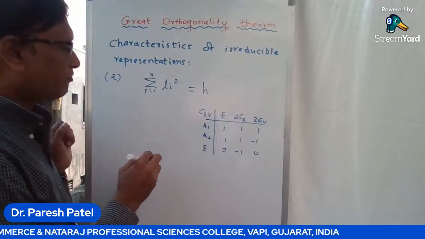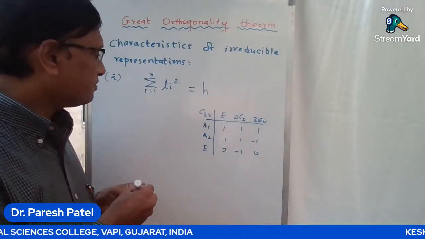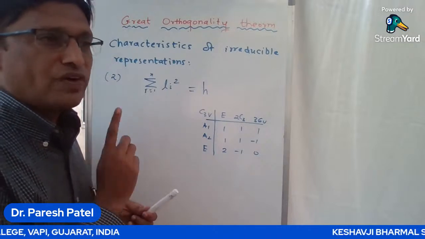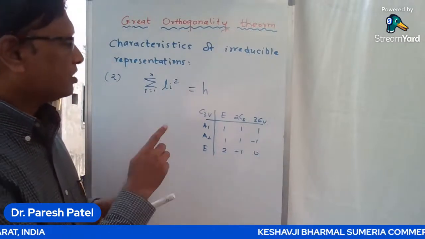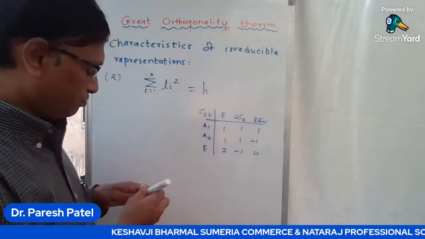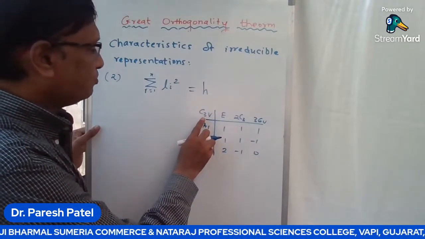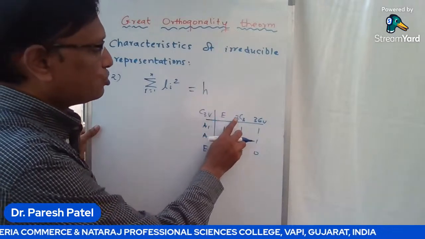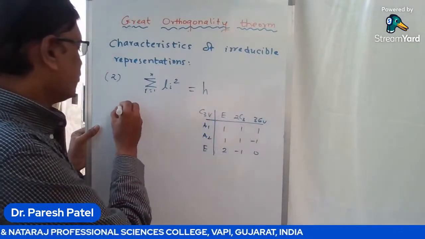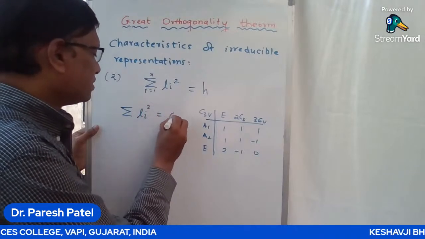Now here, the second characteristic of irreducible representation is that the sum of the square of the dimension is equal to the order of a group. In the case of the ammonia molecule or C3v point group, the order of a group is equal to 1 plus 2 plus 3, which is 6.